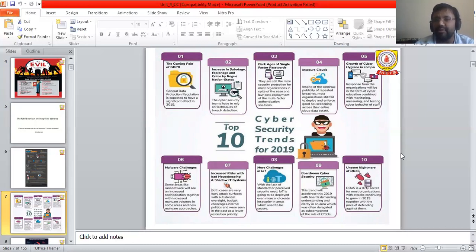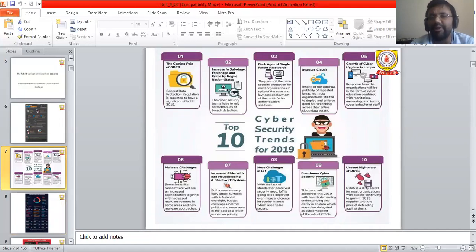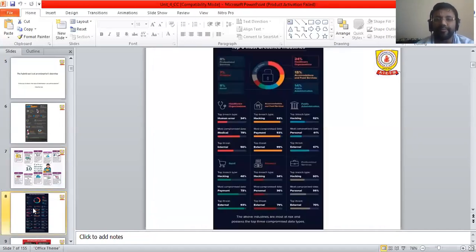So authentication and authorization is also a big concern, and it has to be implemented. Other trends are insecure clouds, growth of cyber hygiene of companies, malware challenges, increased risk from bad housekeeping and shadow IT systems. Risk management is one solution we can use to reduce this problem. Then there are challenges in IoT, boardroom cybersecurity, and the unseen nightmare of denial of service attacks. So these are the top 10 cybersecurity trends of 2019.